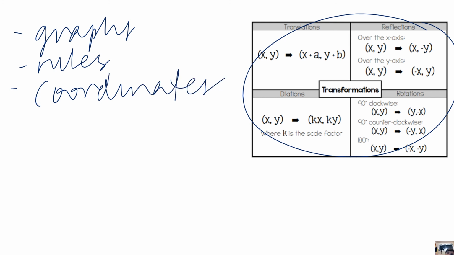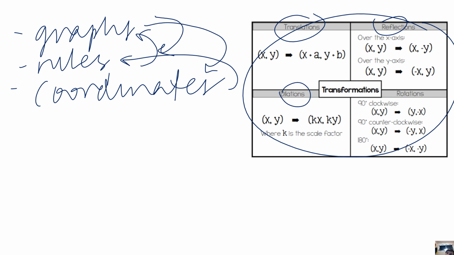Given the coordinates, find the rule. So it can go in any of these directions. Given the coordinates, find the rule, or given the rule, find the graph, or given the graph, find the rule, or given the graph, find the coordinates, etc. So it's going to be on 1, 2, 3, 4 topics using combinations of 3 types of questions.